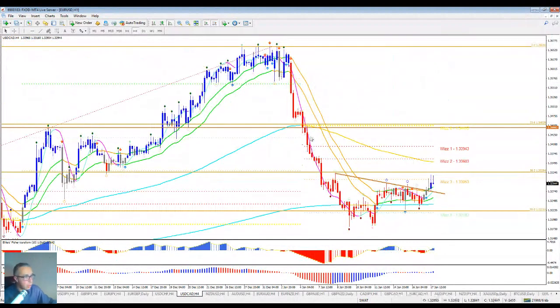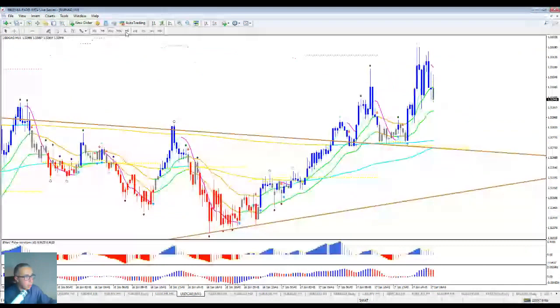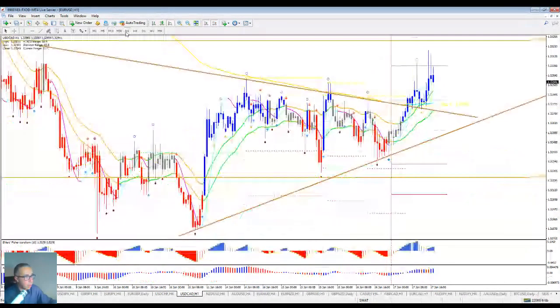So, yes, dollar CAD is moving up, is bullish as I was expecting, but struggling a little bit at this point. So I think it's a little bit too soon to trade it. It could be much better to wait for a retracement, probably into, let's see.